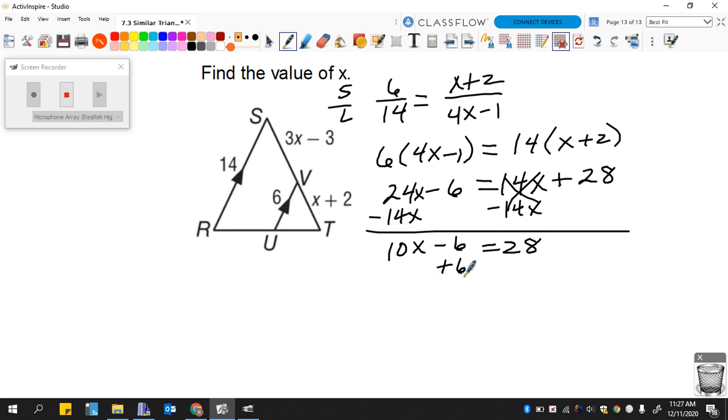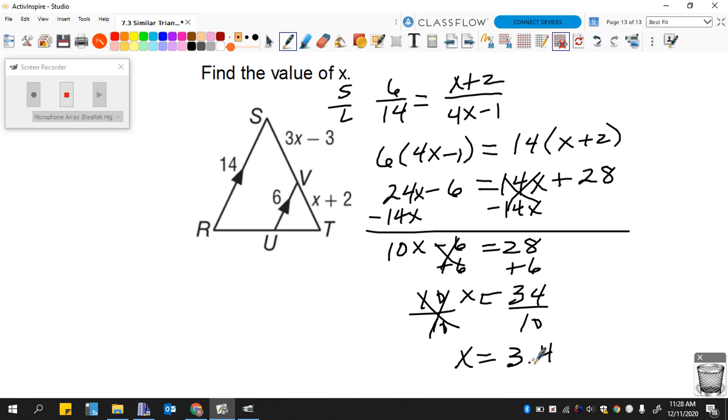Plus 6 plus 6. 10x is equal to 34 divided by 10. And we see here that we're going to end up that x is equal to 3.4. Okay? And so once again, we end up with a decimal number for our value of x.